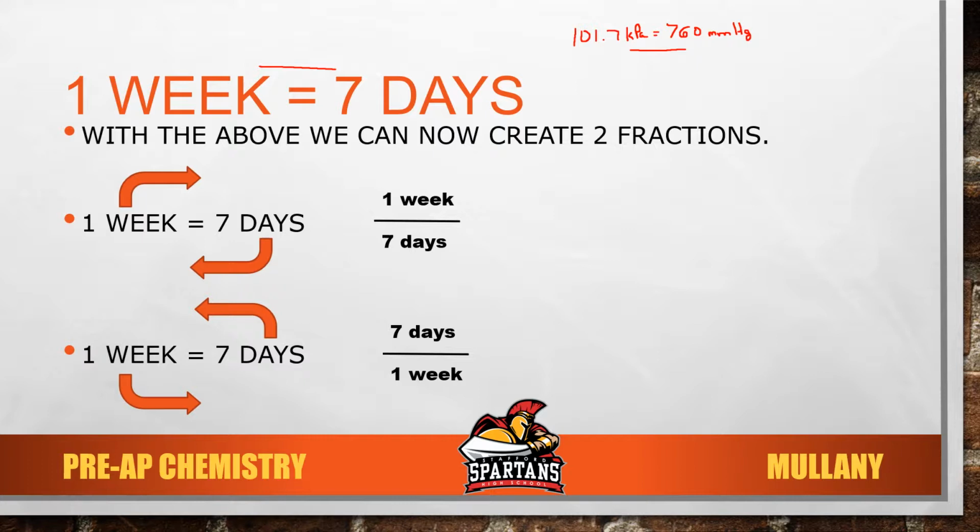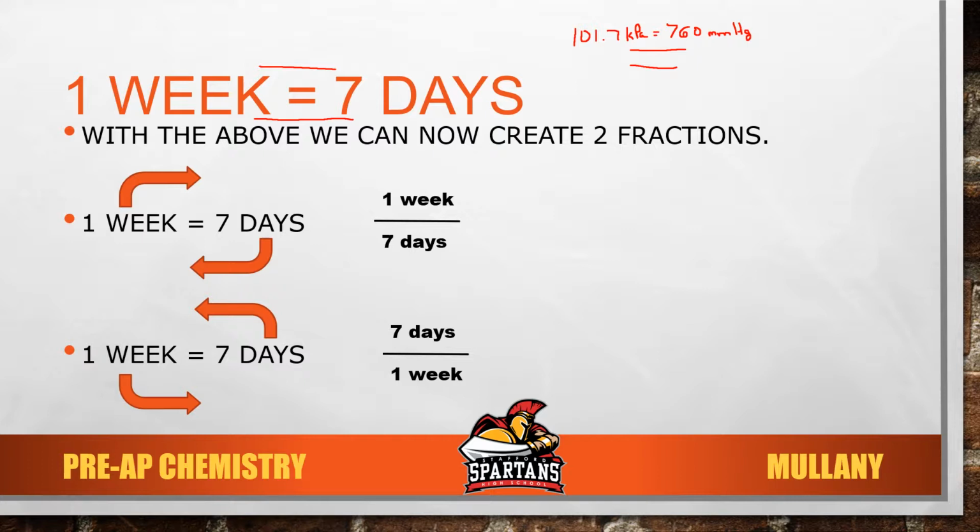And you can do this with any of them, like at that kilopascal, millimeter of mercury one up here. If I find my mouse, there it is. Up here, you can put kilopascals on the bottom and millimeters of mercury up top, or vice versa, millimeters of mercury on the bottom and kilopascals on top. So we can always create two fractions as soon as we have this equivalence.